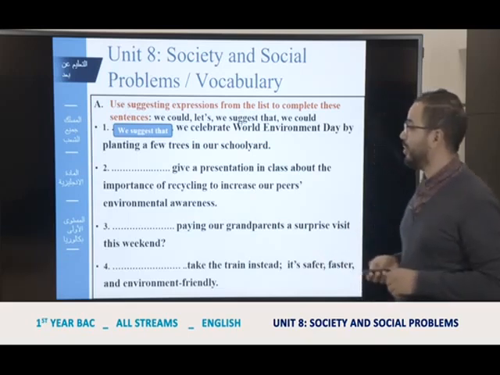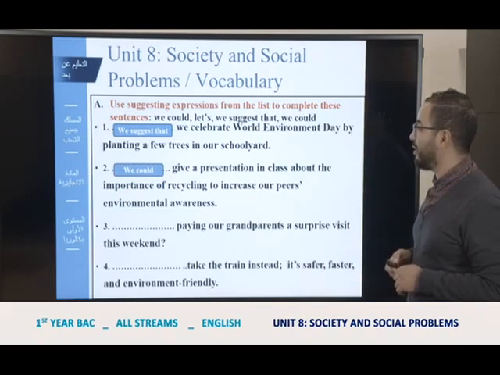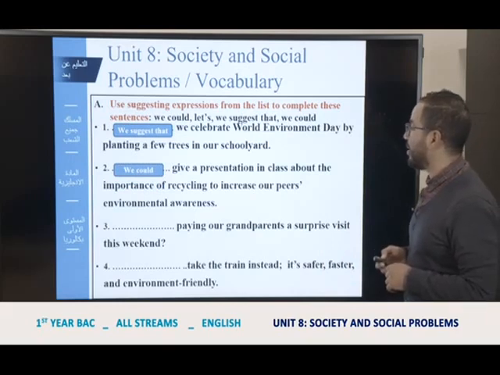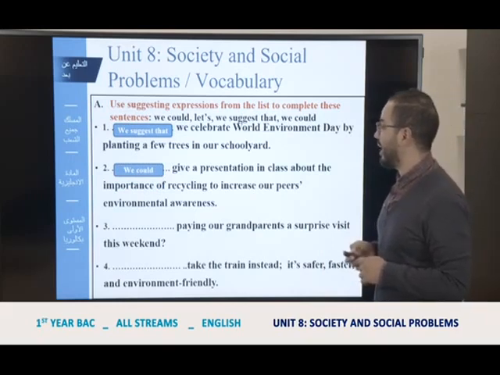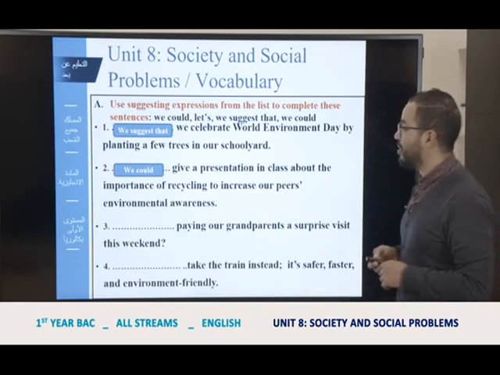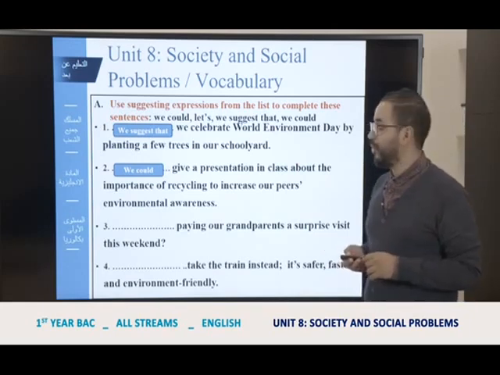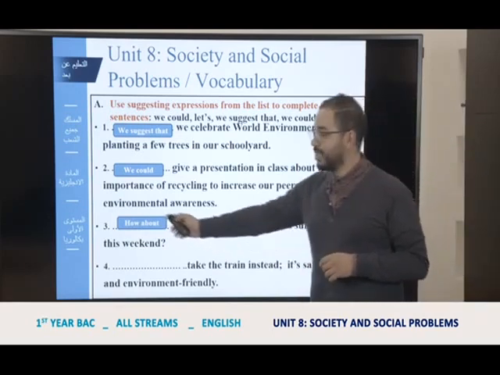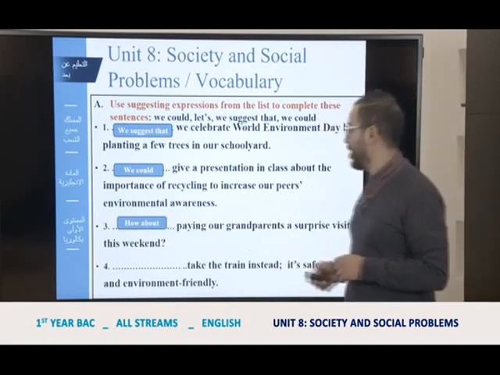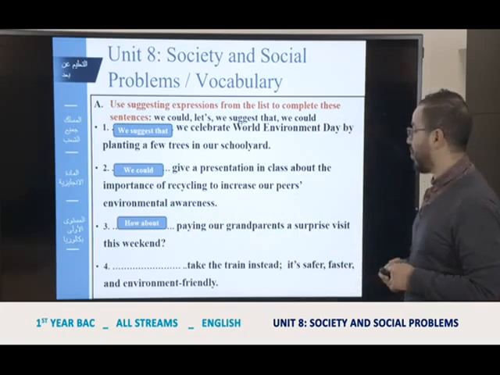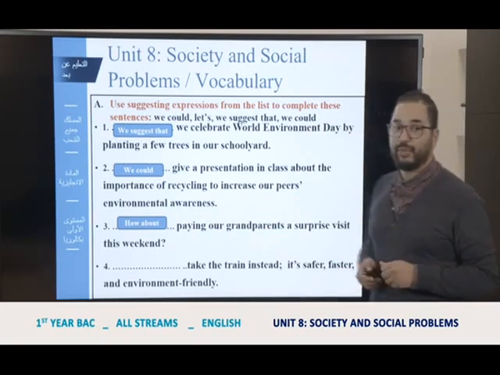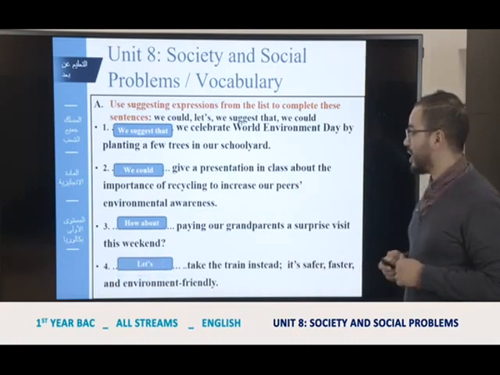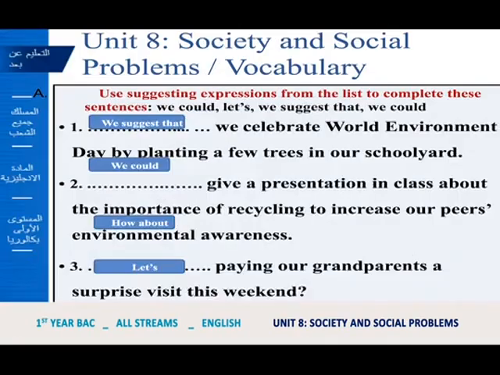The second example we can use, we could give a presentation in class about the importance of recycling to increase our peers' environmental awareness. Or number 3, how about paying, which means how about plus verb plus ing, our grandparents a surprise visit this weekend. Number 4, we can use let's take the train instead. It's safer, faster and environment friendly.